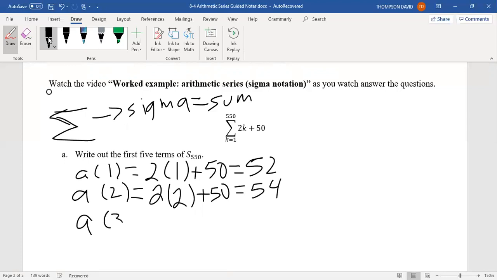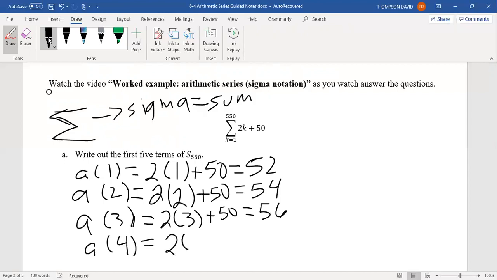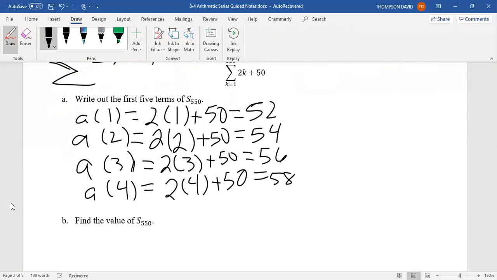You plug in 3, just 2 times 3 plus 50, which gives me 56. You plug in 4, 2 times 4 plus 50 equals 58. One more time.